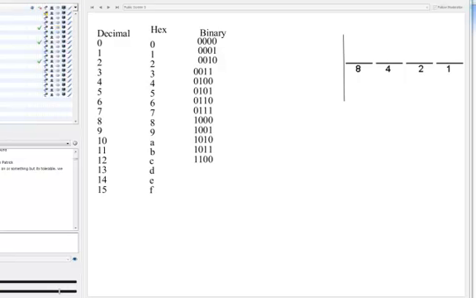13. So 13, that's 8 plus 2 is 10 plus, nope, that's not enough. 8 plus 4 is 12 plus 1 is 13. So 1, 1, 0, 1.